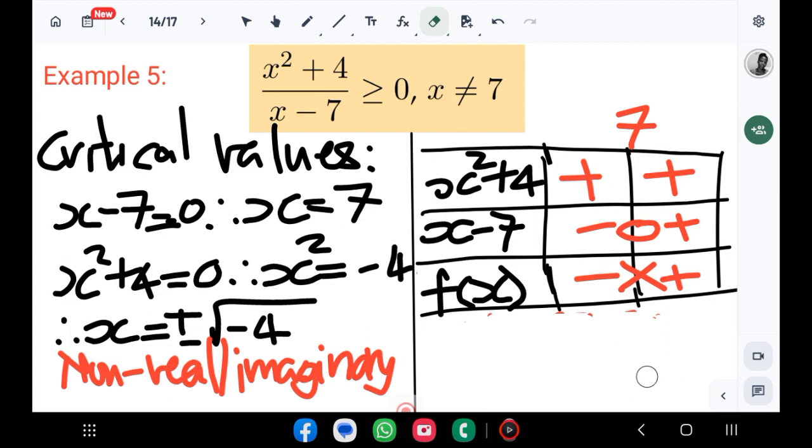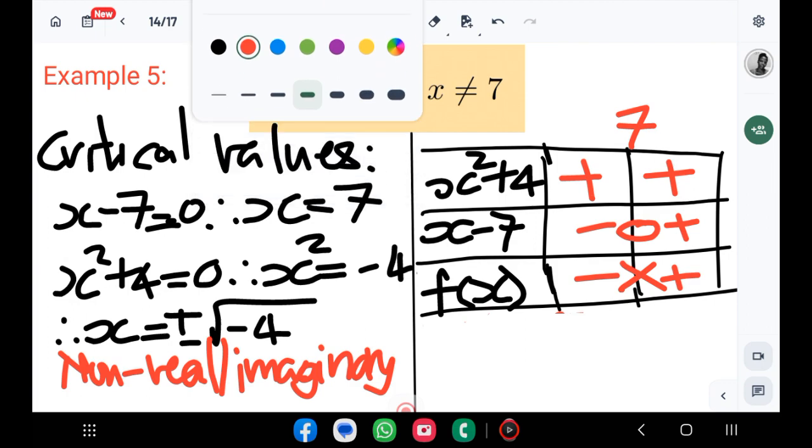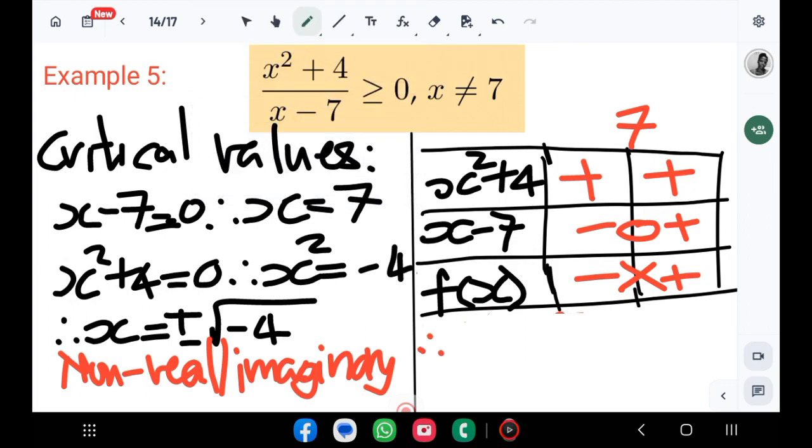Now notice that it's not easy to draw a function like this because it's not a straightforward parabola or any other function that you're accustomed to drawing by now. So we don't waste our time drawing that function. What we do is use the table to analyze it. Now we look at f of x, which is x squared plus 4 over x minus 7, greater than or equal to 0.